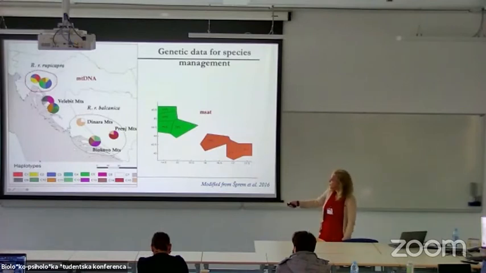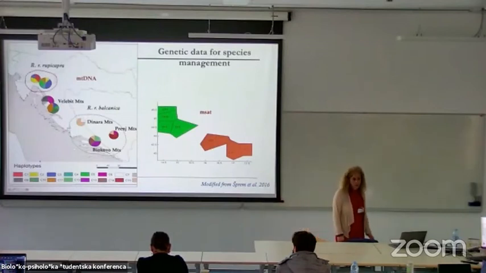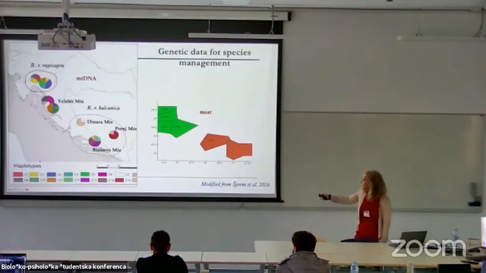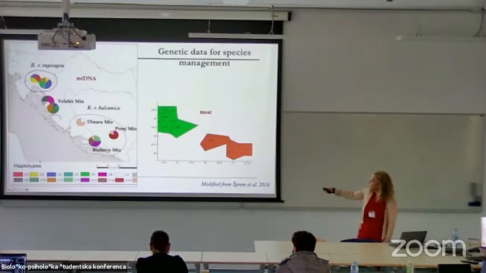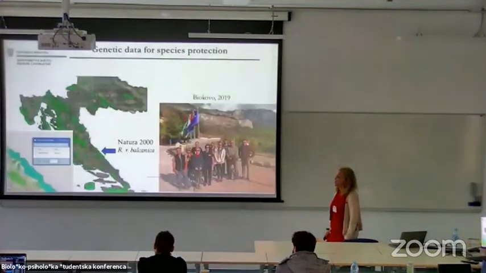As you may see from this figure, we found that the Dinara Mountains, Biokovo and Prenj, so 2 mountains in Croatia and 1 in Bosnia, have Balkanica, and the other mountains have the Alpine chamois, Rupicapra. So you can see here 2 different genetic clusters, which is really nice, dividing these 2 subspecies, and we are really proud.